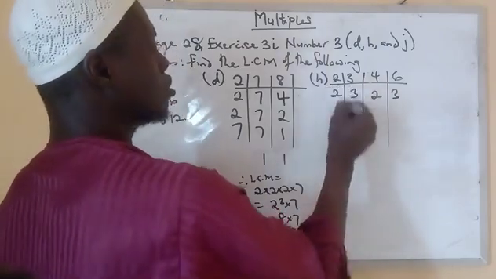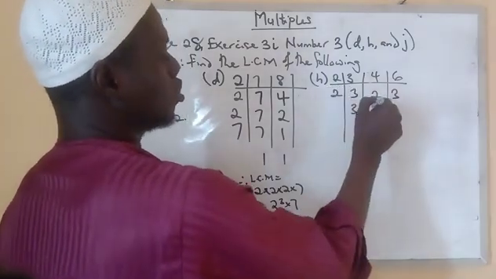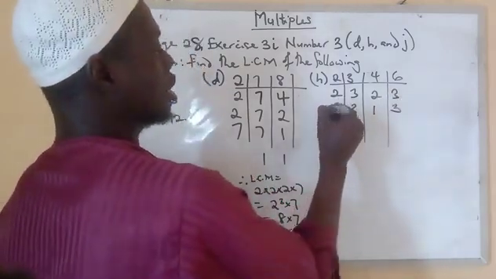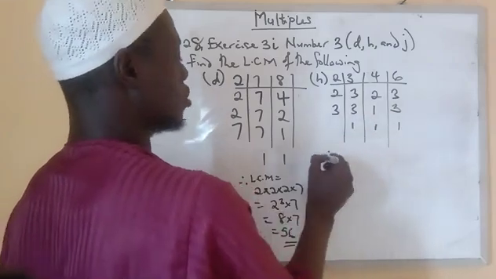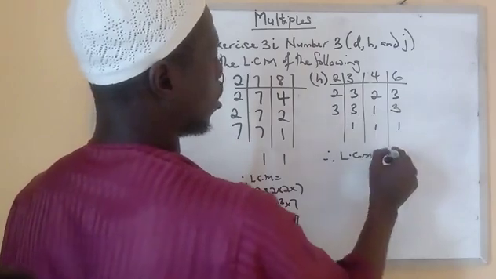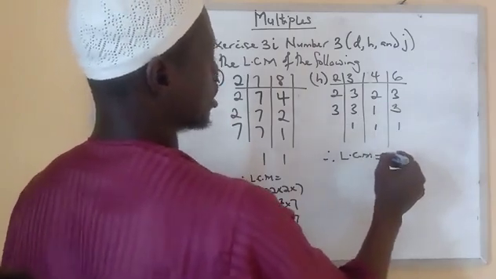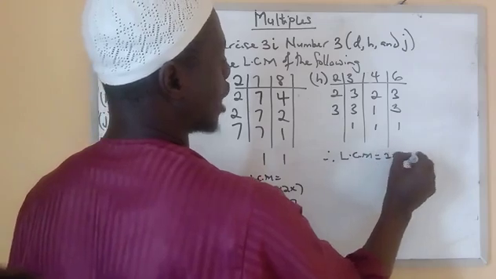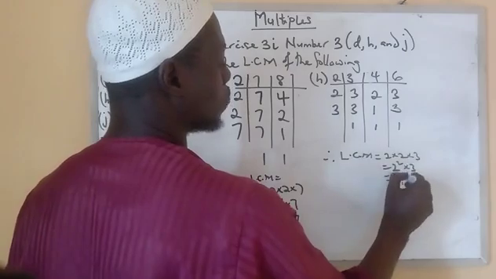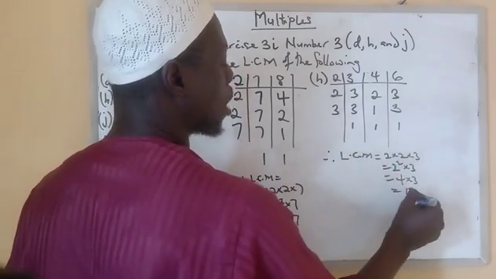Yes, of course. 2 in 3, no. 2 in 2, 1. So can we use 3 now? We can use 3. 1, 1, 1. Therefore, the LCM of 3, 4, 6 is 2 times 2 times 3, which is 2 to the power of 2 times 3. 2 to the power of 2 is 4. 4 times 3 gives you 12.